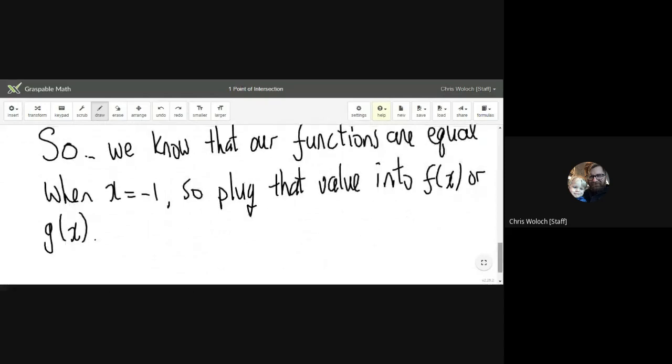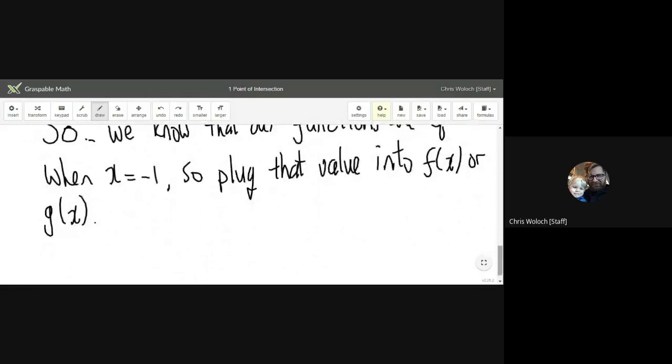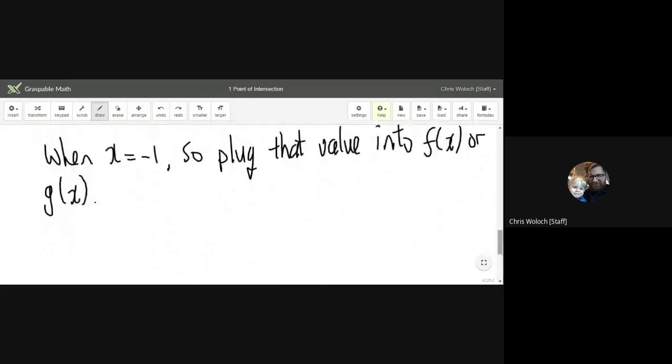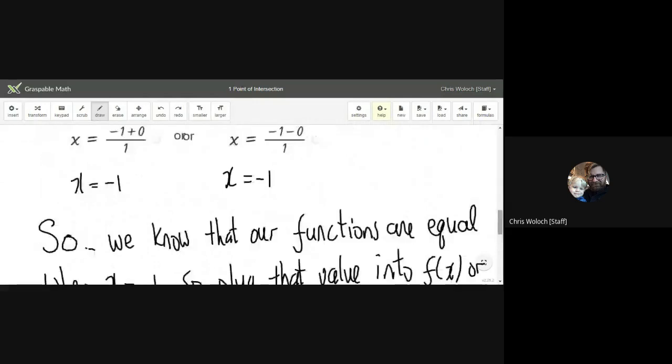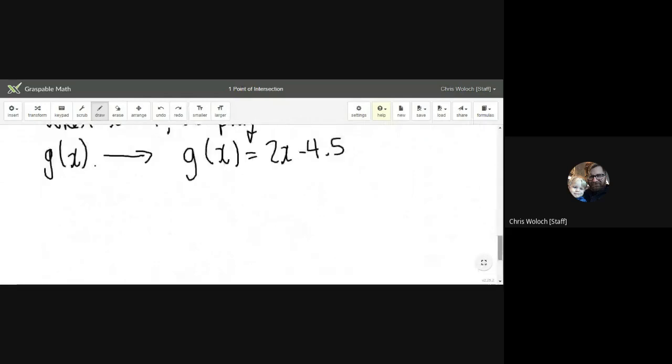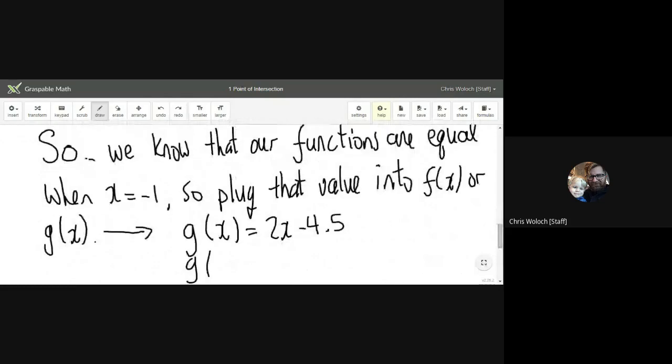So I believe, what was g of x? I think it was 2x minus 4.5. Let me double check. Yeah, 2x minus 4.5. So then I'm going to plug in -1.